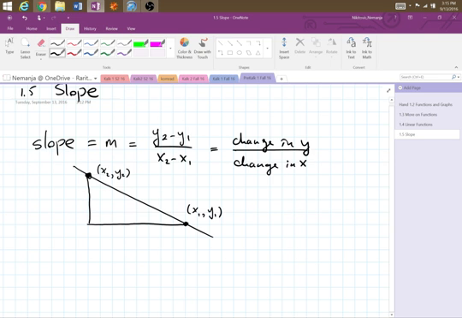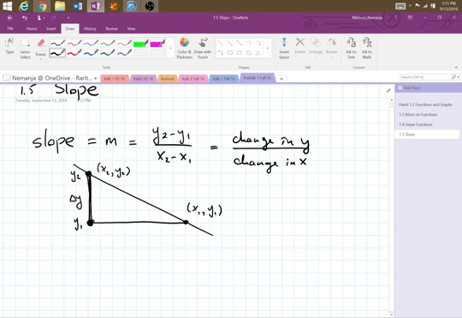Then you can clearly see that this height over here, so the top point has the y2 as a value, and the bottom point here at the right angle has the y1 as the y value. So if this is y2 and this is y1, their difference is delta y. And that's what it's called a change in y, because you go from y1, which is on the bottom, all the way up. And then there is a difference there. Now, this point on the x-axis would be x2, and this one would be x1. And if you look at these two, this will be your delta x, which is change in x. You changed from one x to another x in terms of values, in terms of numbers.